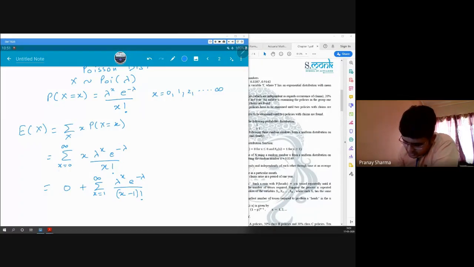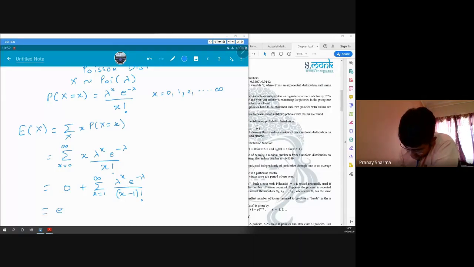Why did I not just remove x for x equals 0? That is because in the denominator I will have x minus 1 factorial, and 0 minus 1 gives me a negative value, and factorial cannot be calculated for negative values. Anyways, this is just conceptual. It does not make much difference. Now I can substitute this value.